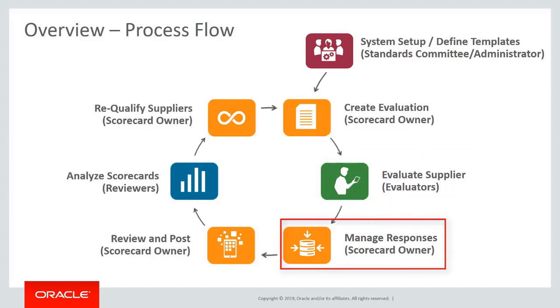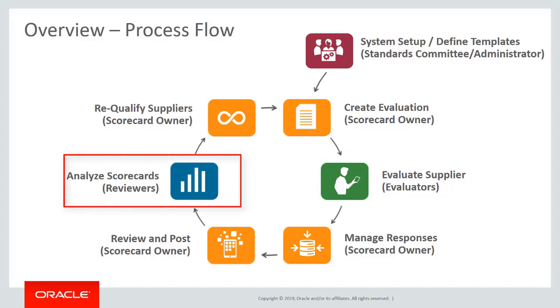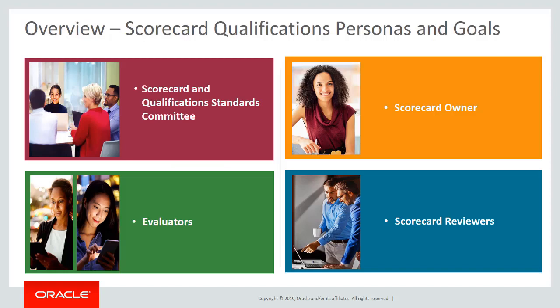The responses are managed, reviewed, and posted. Then the scored results become available to reviewers at a summarized level. The information is used to determine the performance of the suppliers and take any appropriate steps that might be necessary as a result. Supplier scorecarding involves 4 general personas through the business process.